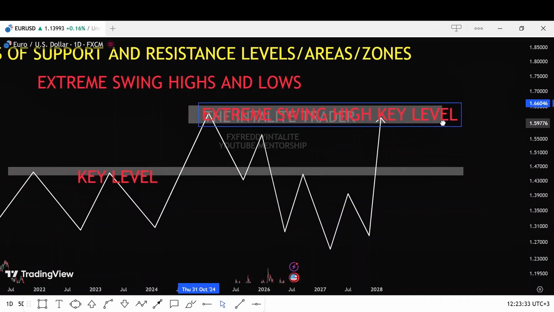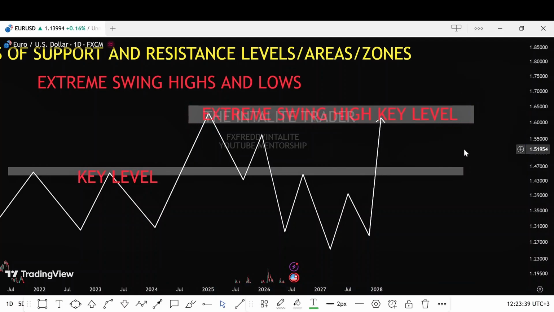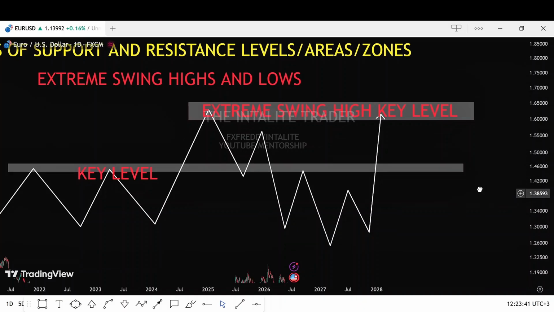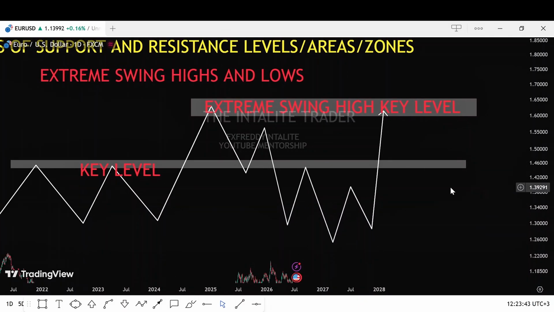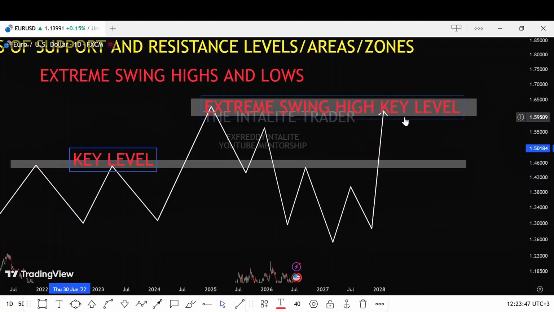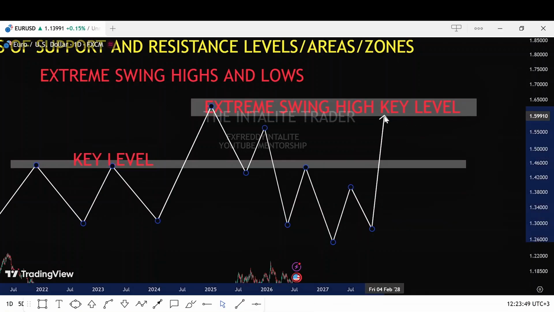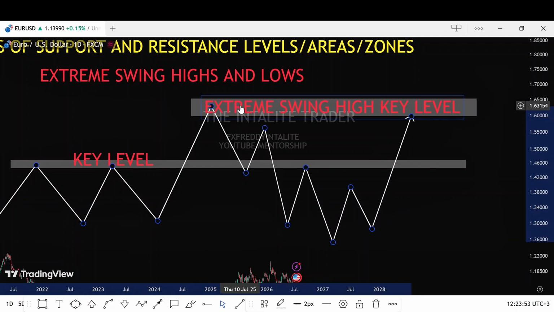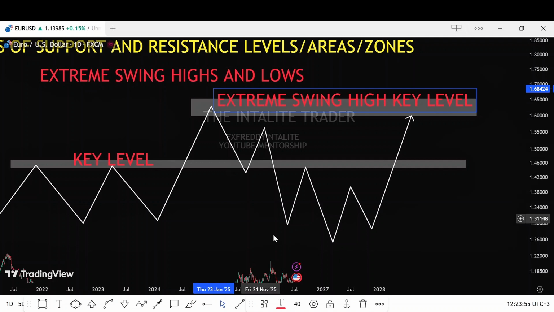This extreme swing high key level is of high interest to buyers and sellers because these buyers will be looking forward to open up. It is of key interest to sellers and buyers. In the past, you see price came and traded away here.